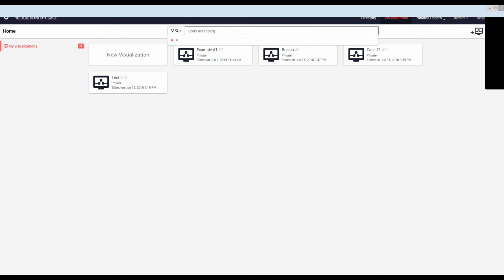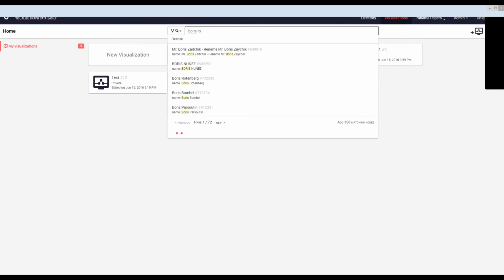So I'm going to type the name of someone called Boris Rotenberg, and I can type text. I can see the result changing in real time, even if I don't type the full name, as we use fuzzy matching to provide potential search results.